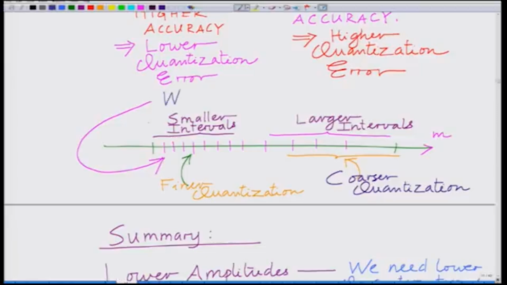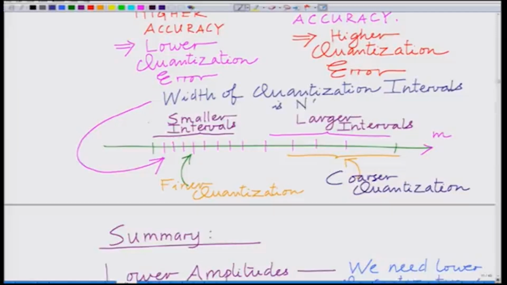Therefore, this implies this is non-uniform quantization.